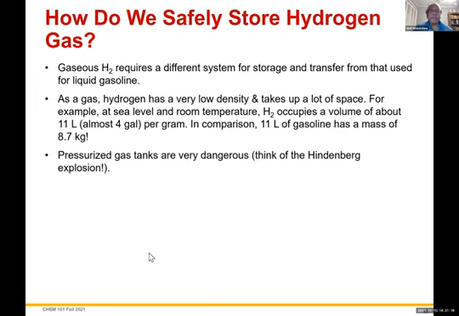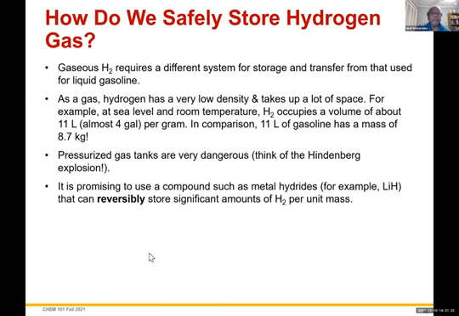Pressurized gas tanks are very dangerous. We always think about the Hindenburg accident, because they used a balloon with hydrogen. Hydrogen can explode. But it is promising to use compounds such as metal hydrides, for example lithium hydride, that can reversibly store a significant amount of hydrogen per unit mass.